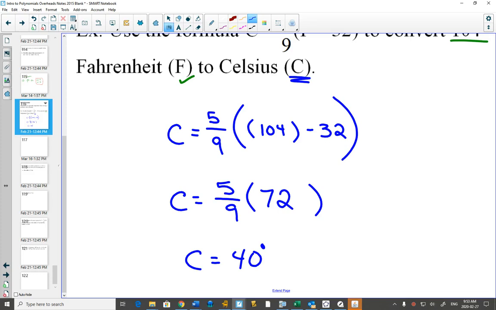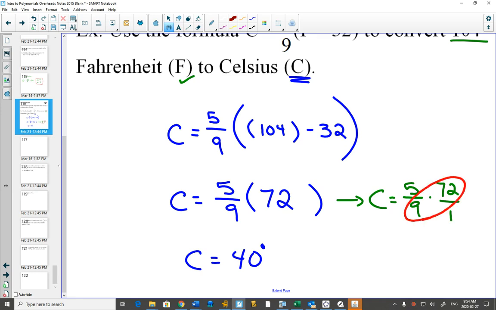Does anyone know how to do this with mental math? Does that look mental mathable? Ooh. Is that a word? Mental mathable? Mental math. 5 divided by 9, not easy to do. Doesn't work out nicely. But we have 5/9 times 72, which is 72 over 1.